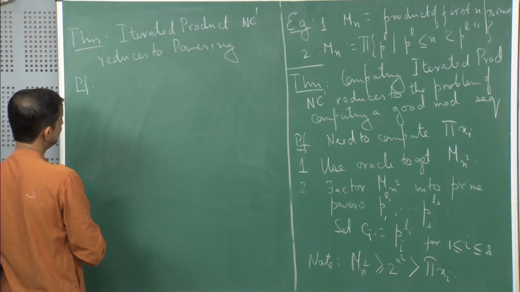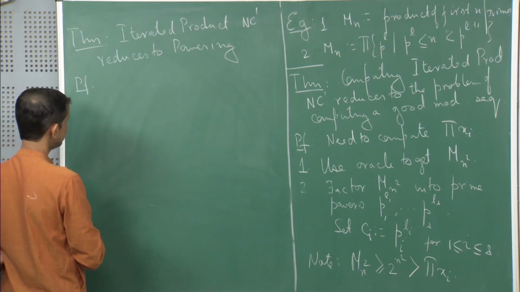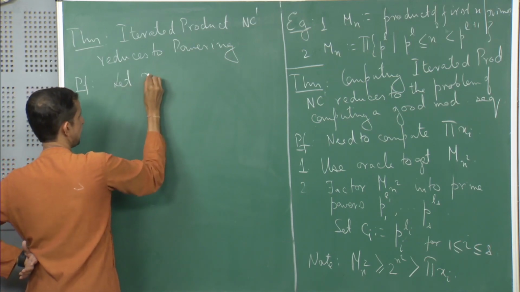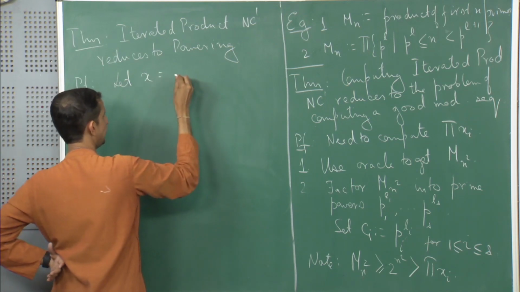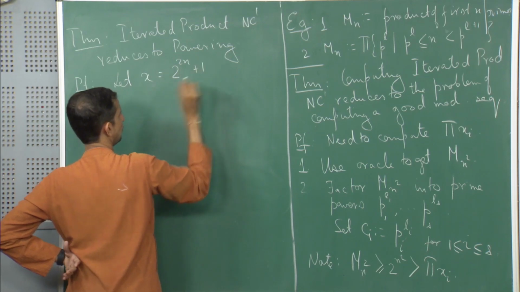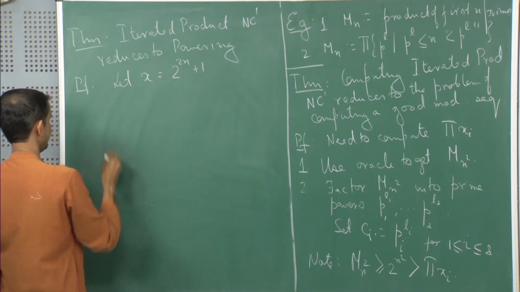So what we will do is let x be equal to the number 2 to the power 2n plus 1.